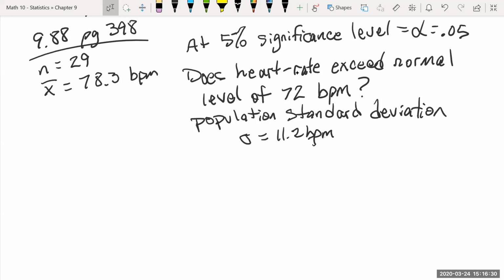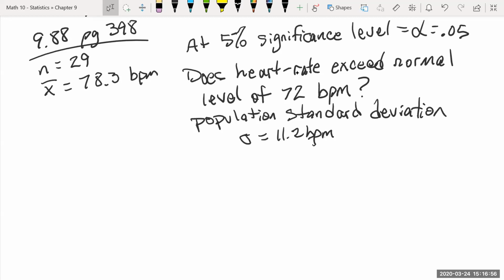But before problem 983, it says preliminary data analyses indicate that applying the z-test is reasonable. That's for problems 983 through 988. So they're telling us we can use z. One of the assumptions that has to be true is that it's normally distributed. So there's the setup.